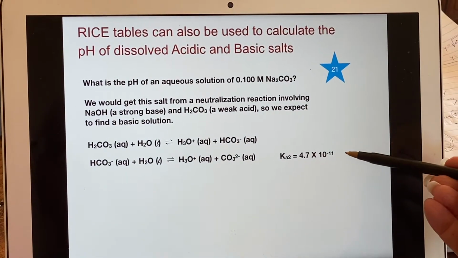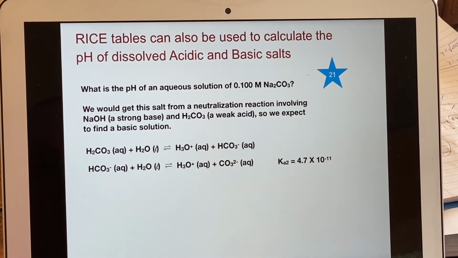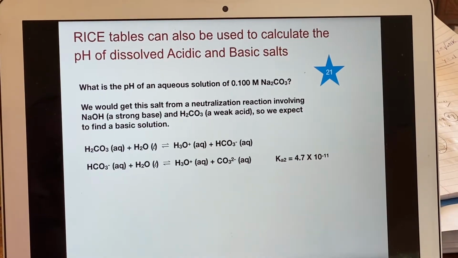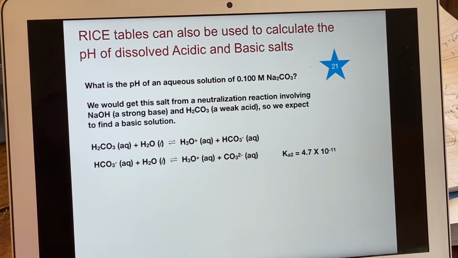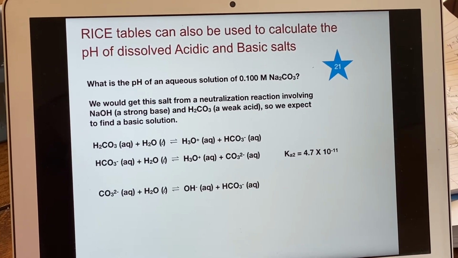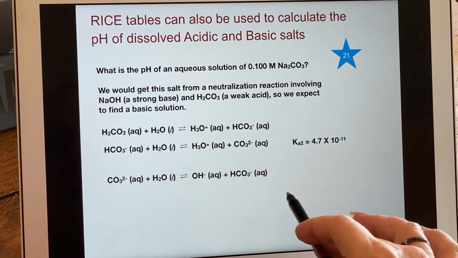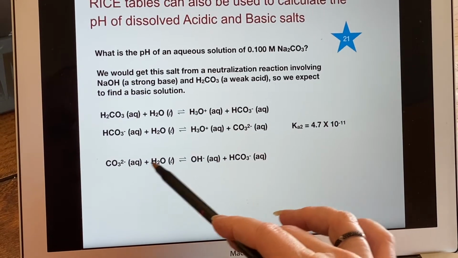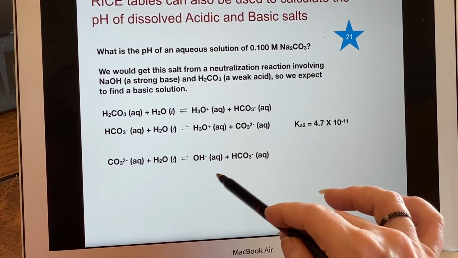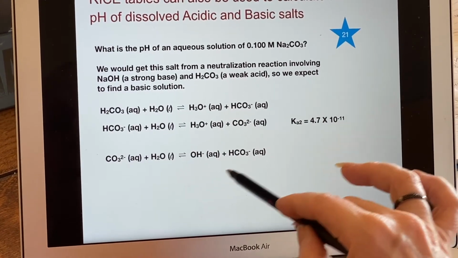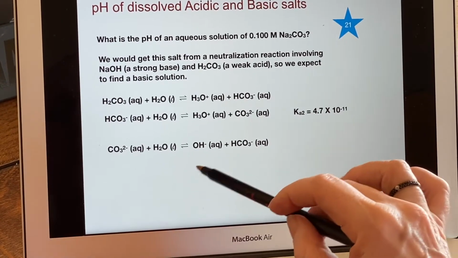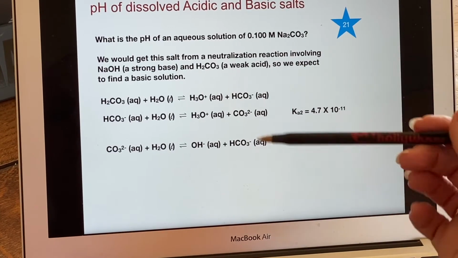All right, we have a K value for that. That's good. Since we've decided that's what we're going to work with, this was the information that we needed so that we'd be able to do a RICE table with it. We're going to turn it around like this: carbonate ion and water forming hydroxide ions and hydrogen carbonate, because we're expecting to find a basic solution.